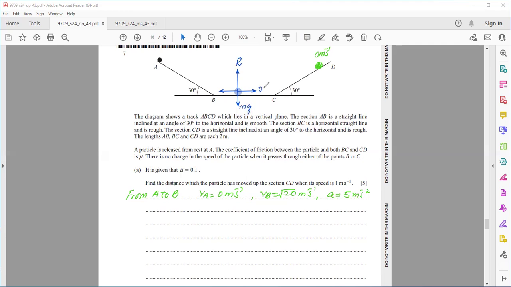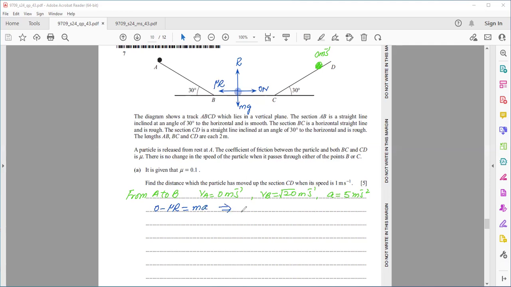There will be 0 Newton forward force because no force is externally applied to the body: no string is attached, no push, no pull. So our reverse force will be mu times R. In the second part, the value of mu is not given. So we have 0 minus mu times R is equal to ma.